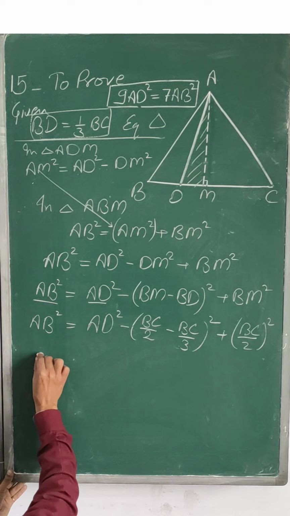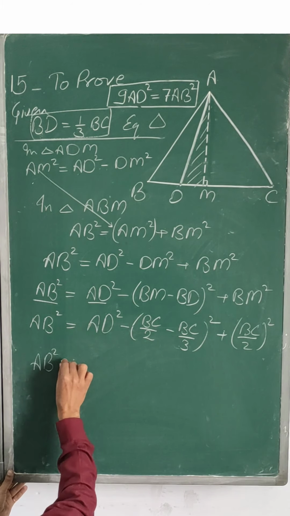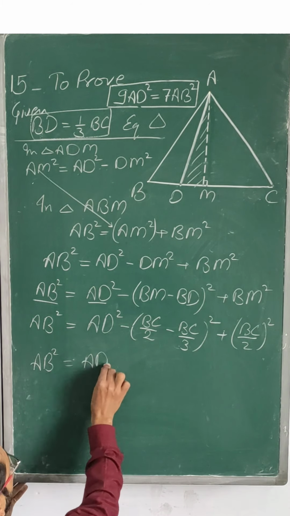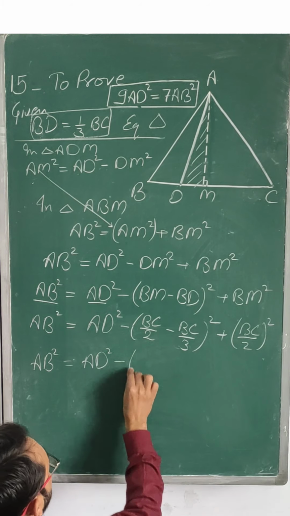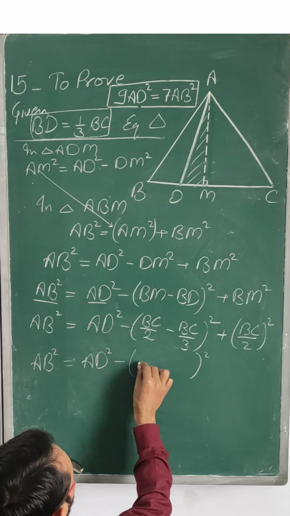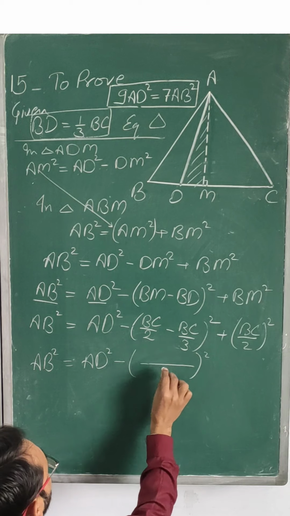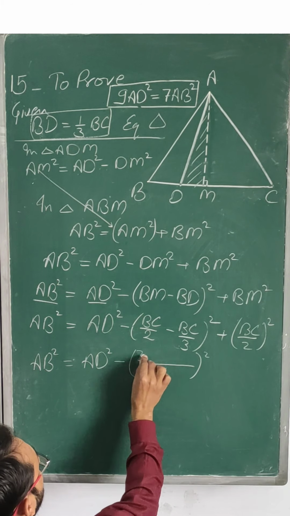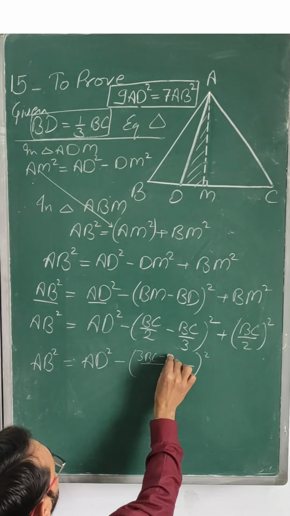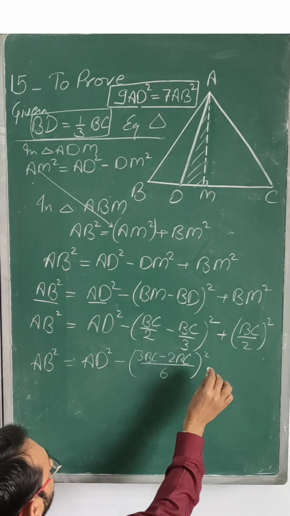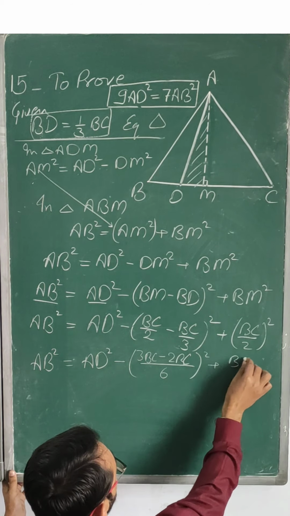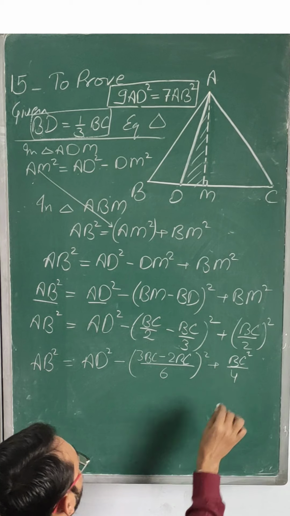So it will be AB square is equal to AD square minus, I am taking LCM. LCM will be 6. So (3BC minus 2BC) whole square by 36, plus BC square by 4.